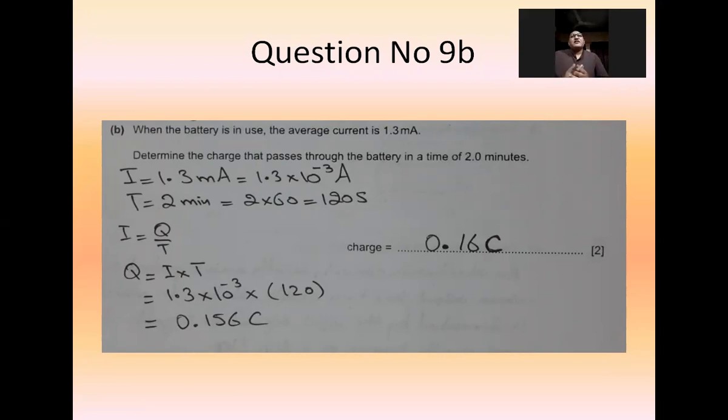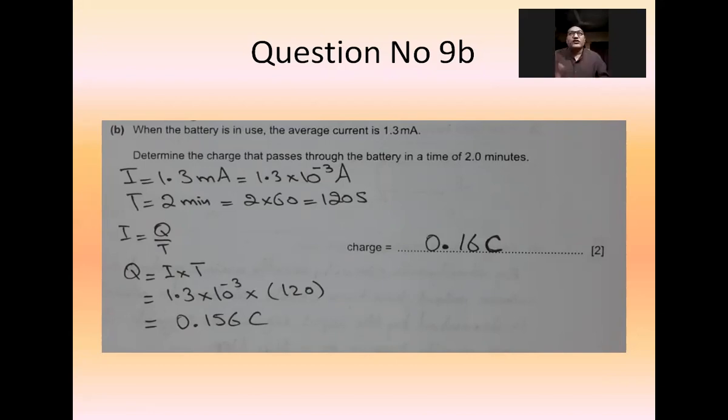Milli means, if you convert this into amperes, that will be 1.3 x 10 to the minus 3 ampere. The time is given as 2 minutes, but in this formula, the time must always be taken in seconds. So I convert the 2 minutes into seconds. In 1 minute, you have 60 seconds, so 2 minutes will have 2 multiply 60, and that will be 120 seconds. So I equals Q divided by T, the famous formula.